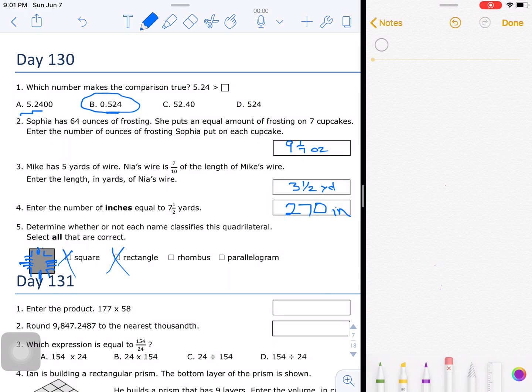It is a quadrilateral and has 2 pairs of parallel sides. And a parallelogram. And did I mention with the rhombus it has all sides the same length as well, which this object does. A parallelogram has 2 sets of parallel sides, and it is a quadrilateral. So that object is classified as all 4 of those.